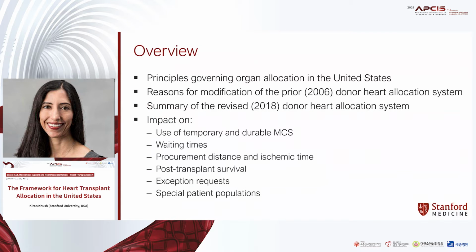A general overview of my talk: I'll be discussing the principles governing organ allocation in the US and reasons for modification of the prior system, which was implemented in 2006.